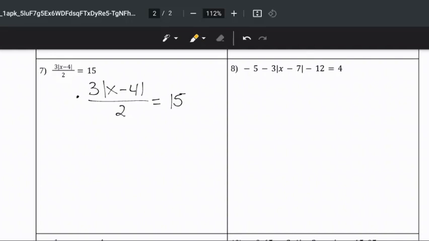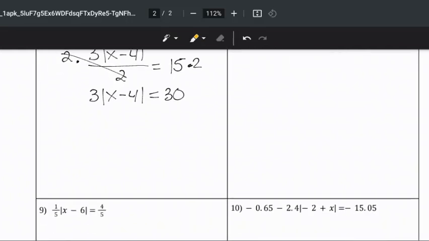The way we do that is by multiplying by that denominator. Those cancel out, and we are now left with 3 times the absolute value of x minus 4, and then we have the 2 times 15, which is 30. Now we divide by 3. This looks more familiar to us.